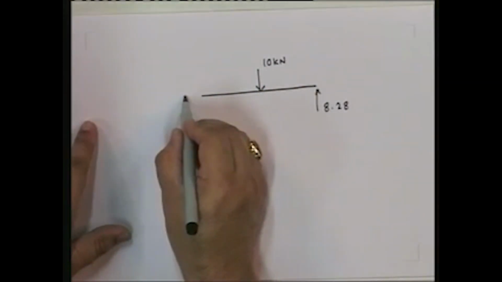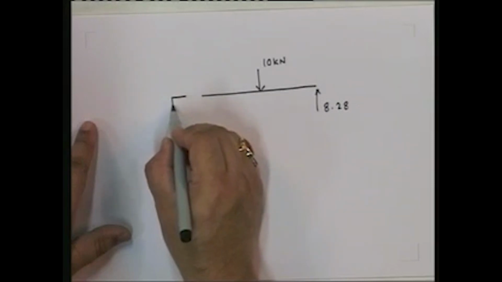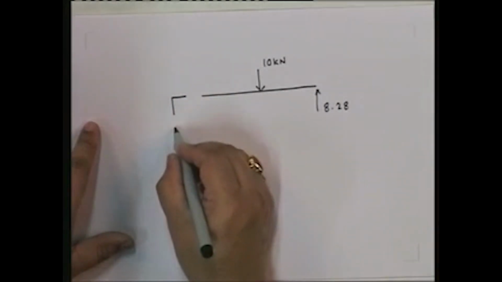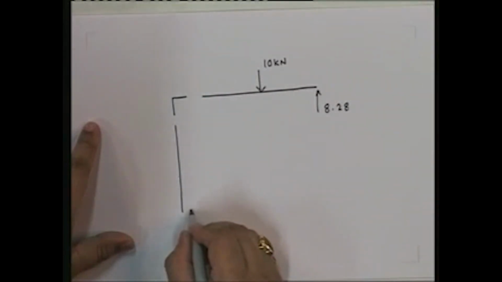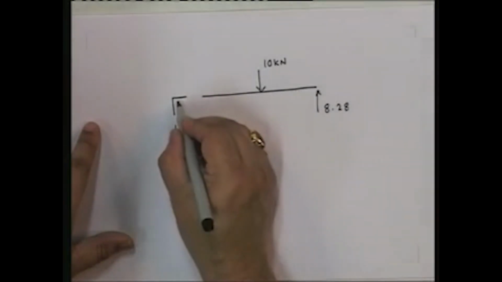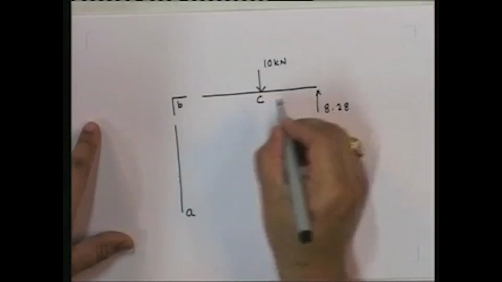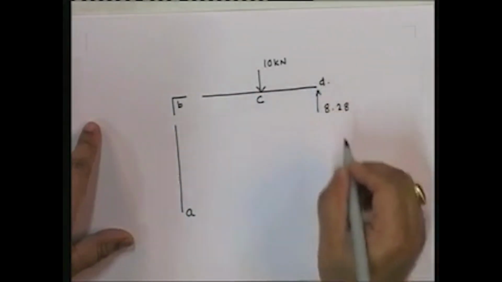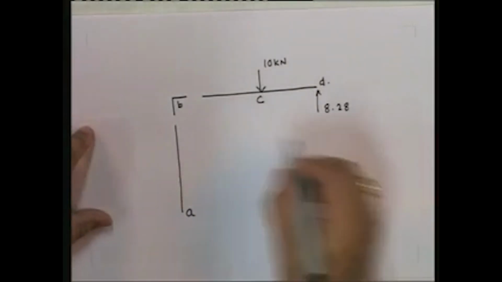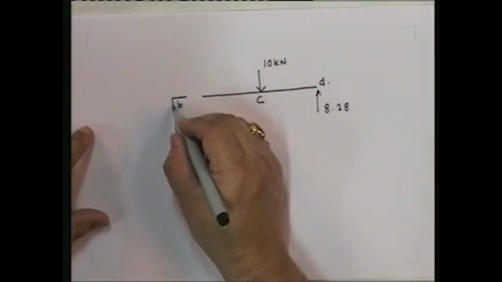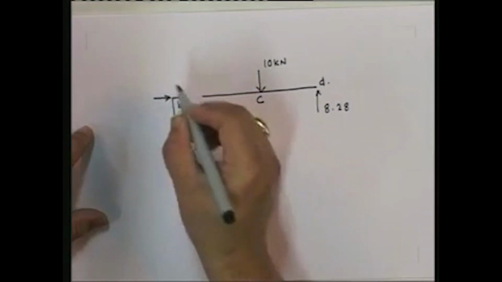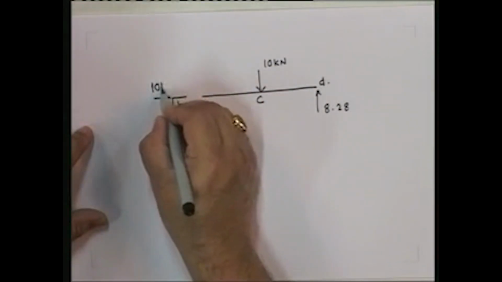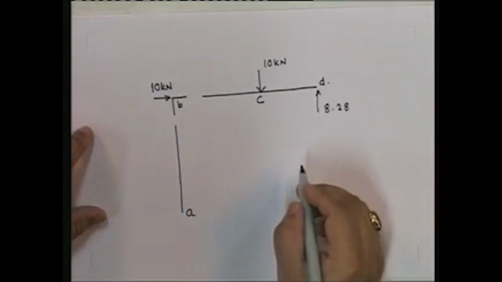Note that I'm going to isolate the joint, and then I'm going to have the member. So this is A, B, C and D. The only difference is this cut that I have made is actually infinitesimally small. It's just so that I can isolate the joint B and look at it separately.